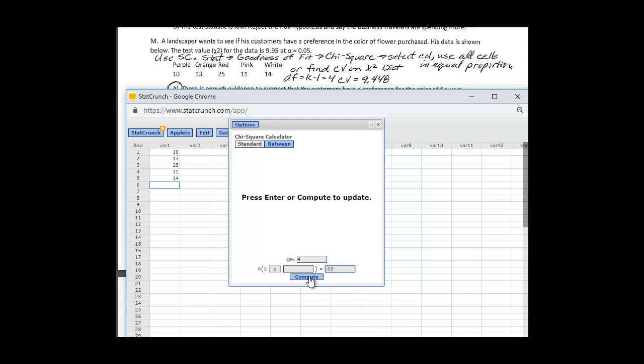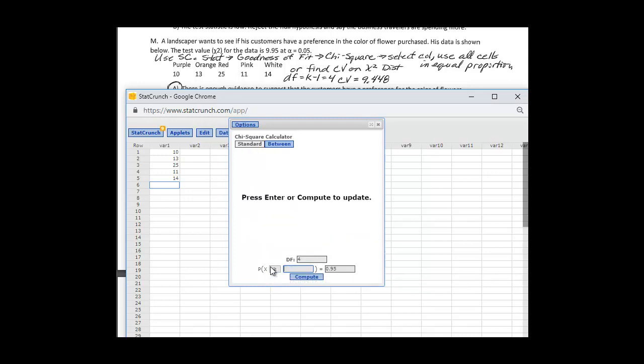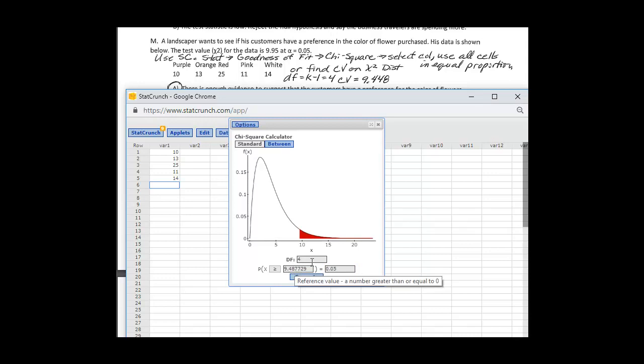Oops, I put this in the wrong direction. That's what happens when you don't clear things out, sorry. So this would be 0.05. Now I've got everything in there correctly. And so I get 9.4878. So I can see that that is our critical value that we're comparing this 9.95 to. The 9.95 would be right in here, a little bit greater than the borderline critical value that we found here.